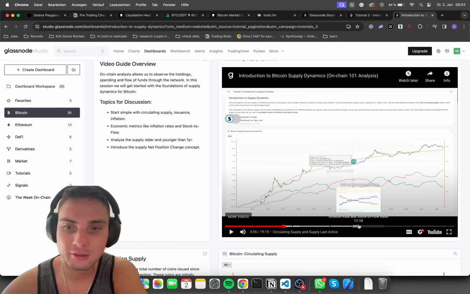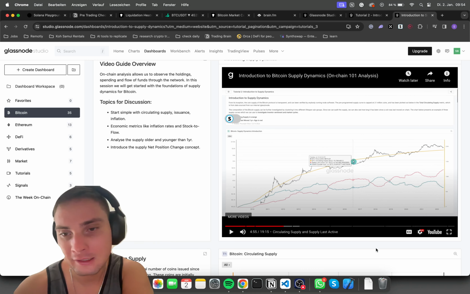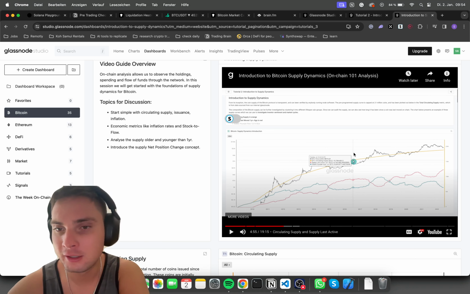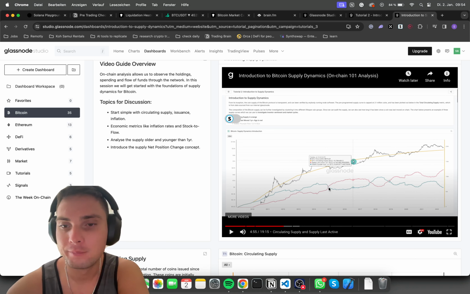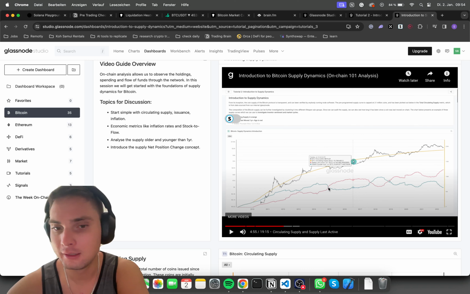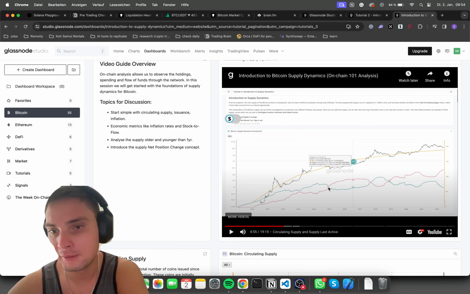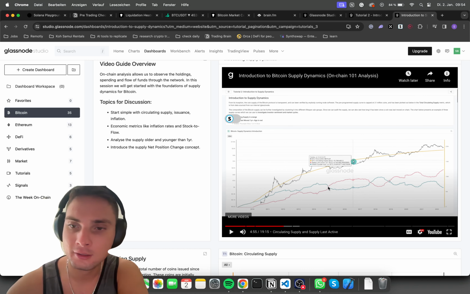Issuance rate. Okay, these are already new charts. Inflation and stock to flow ratio. Yeah, stock to flows. This would be something interesting I could trade with, or at least decide if I take long or short positions, and if to really move funds out of other assets into Bitcoin, or just stay with the current positions and hold.